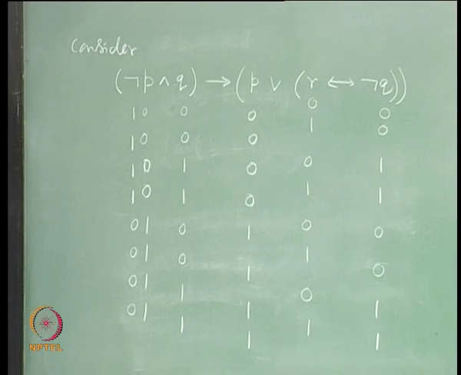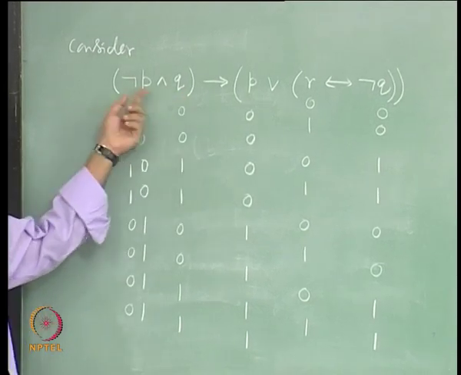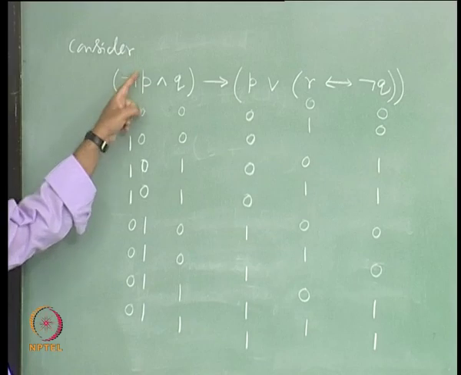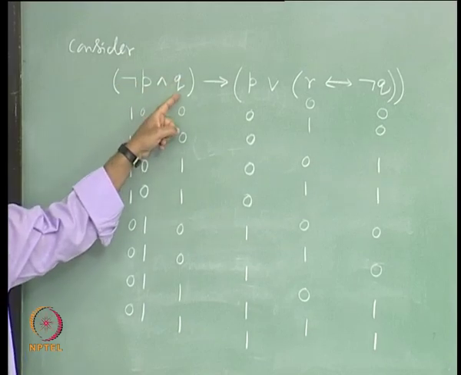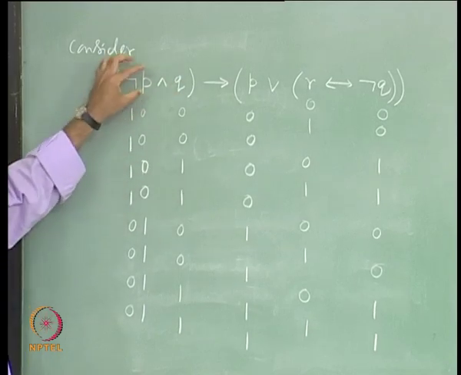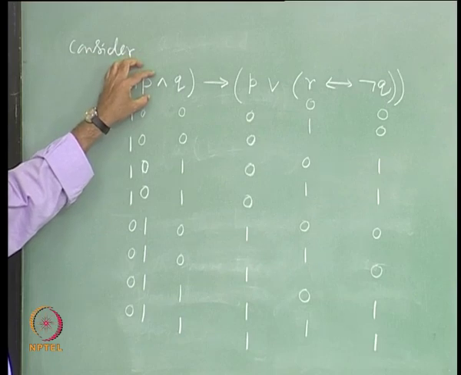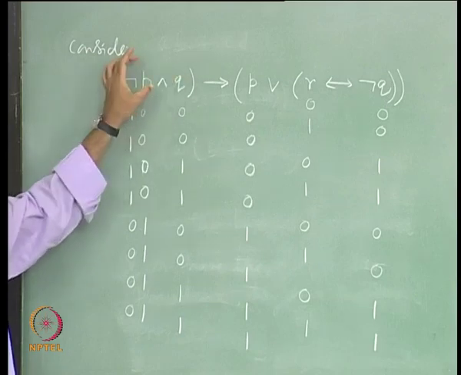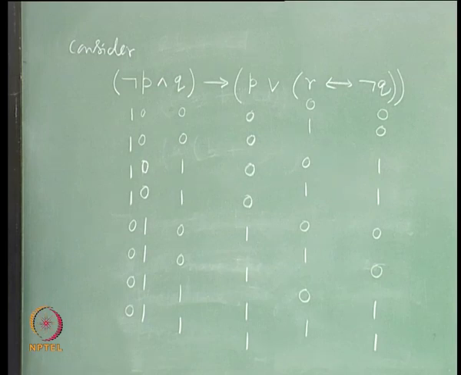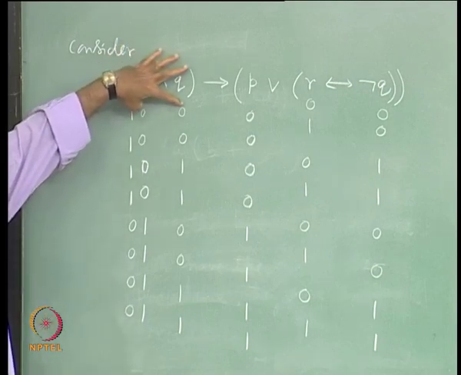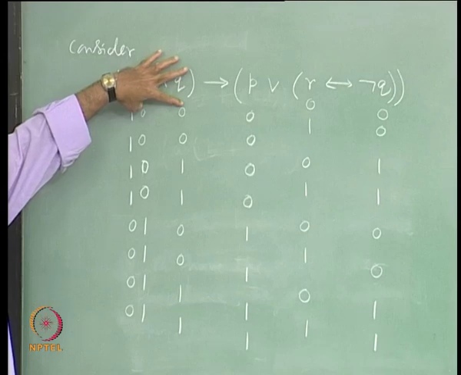Okay. Now, when you take not p and q, precedence says it is not to be interpreted as not of p and q, it should not be. What it means is not p is first to be evaluated, then that along with q should be ANDed together. So, that means with this first column and the third column we have to follow the rules of AND, fine.